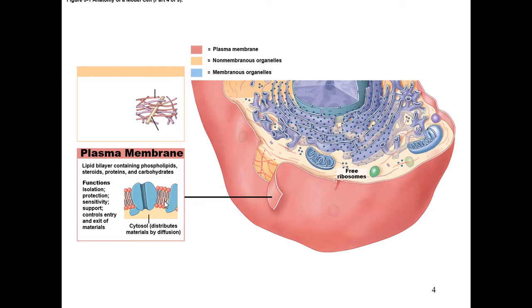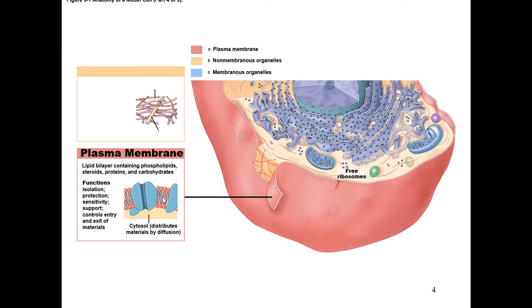When something doesn't like water, we say it's hydrophobic. When something does like water, we say it's hydrophilic. So you'll see one string of phospholipids this way, and then another string of phospholipids this way. Again, notice the phosphate heads here are facing the water inside the cell. The phosphate heads here are facing the water outside the cell.